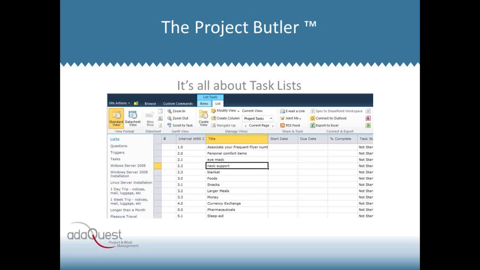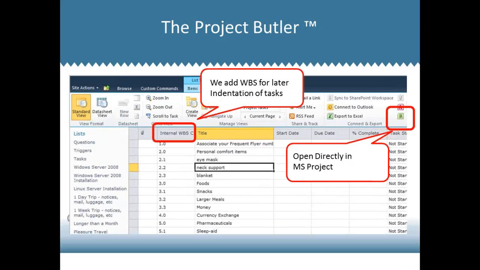Okay? Then the internal WBS is where the indentation comes from, so that you know that snacks is indented under foods. 3.1 is under 3.0. We call that out for you here on the next slide and show you that the internal WBS code is the one big piece of custom code that we have to make this work in Microsoft Project and not just be a flat list that you would get in SharePoint or any other collaboration system or in maybe Excel.